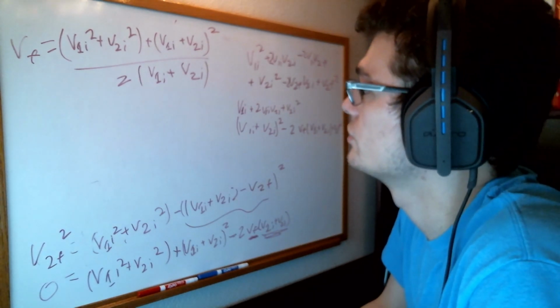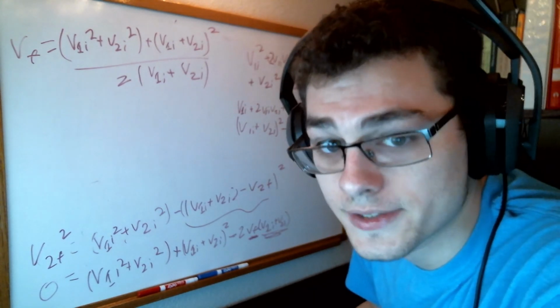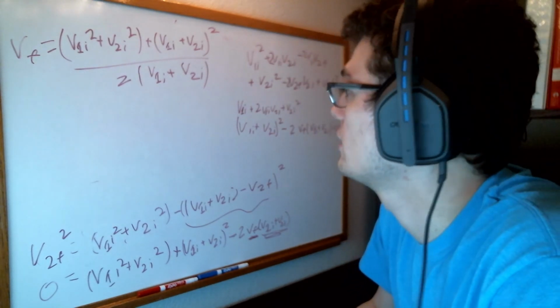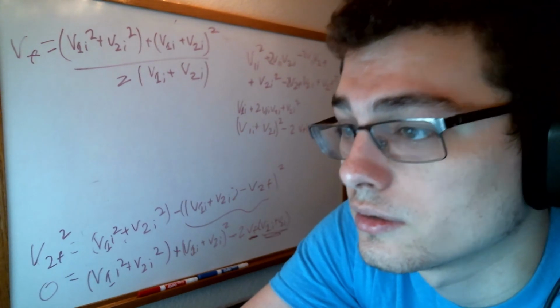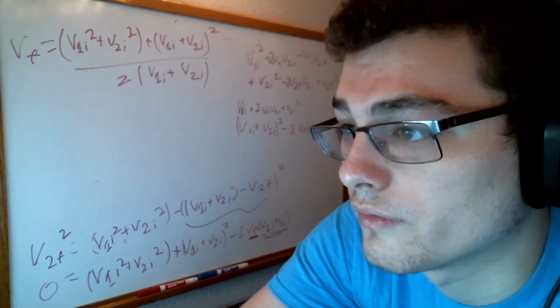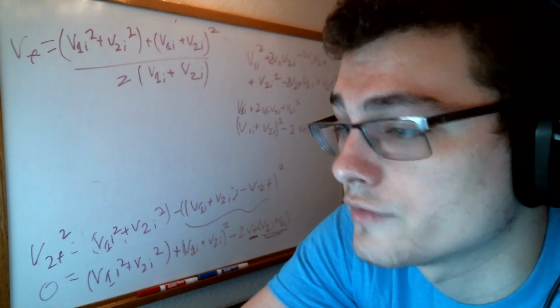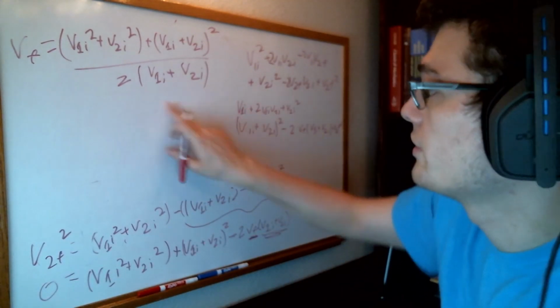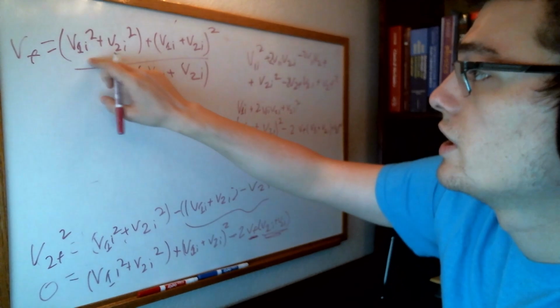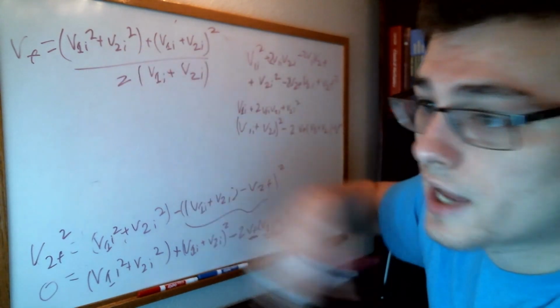And this should yield us a positive answer, because, assuming that I believe that, yeah, because V1I is greater than V2I down here, so this is going to be positive. These are both squared, so those are going to add up to be a positive.